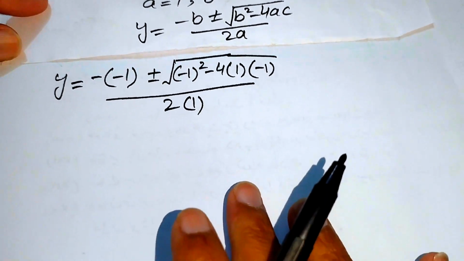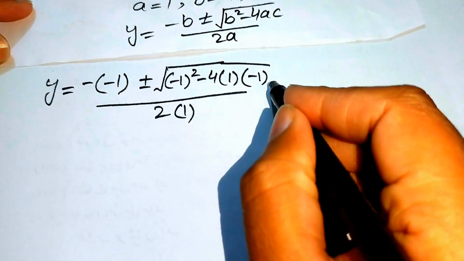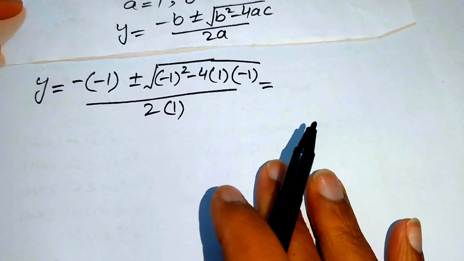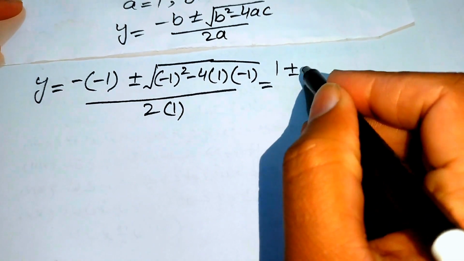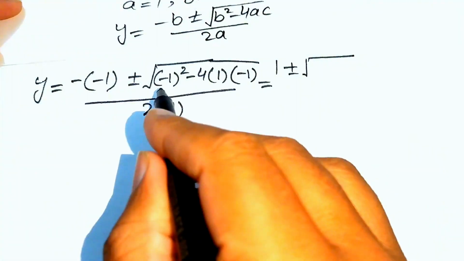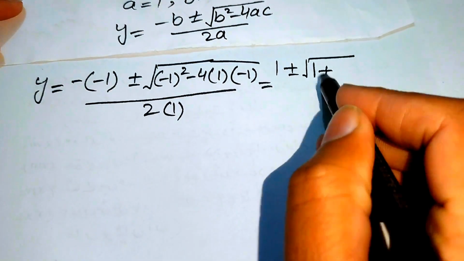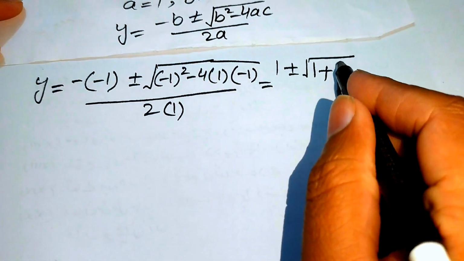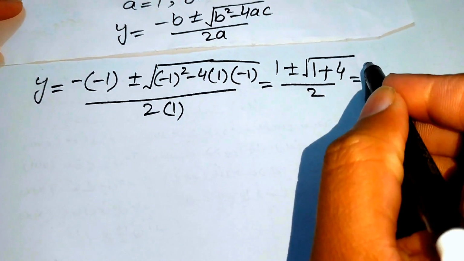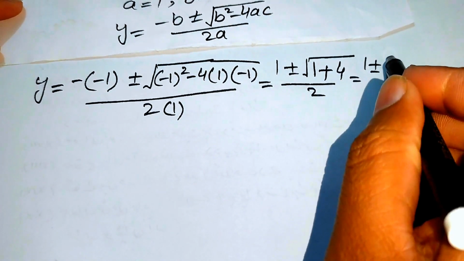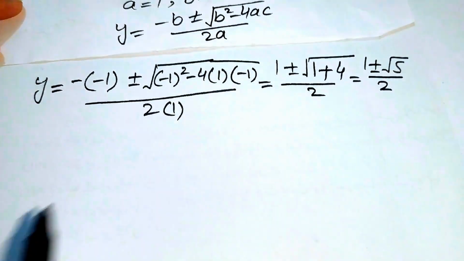In the next step we need a little simplification. Minus times minus becomes plus 1, plus or minus the square root of minus 1 squared, which is plus 1, and minus times minus is plus, and 4 times 1 is 4, divided by 2. So here we get the value 1 plus or minus the square root of 5, divided by 2.